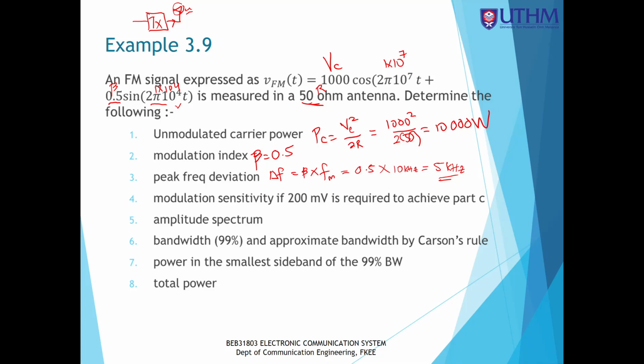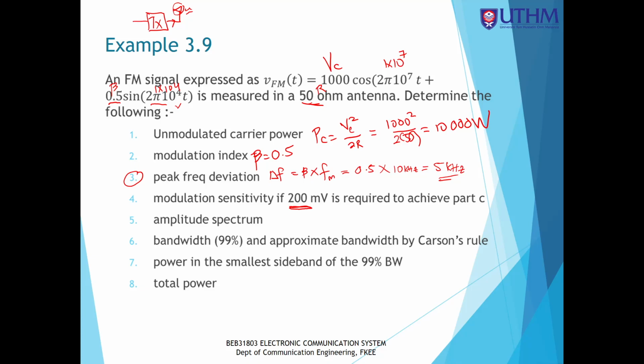Then the question asks for the modulation sensitivity parameter. Find the modulation sensitivity parameter if you are given 200 millivolt to achieve part C. Part C is actually this one. So you are given a voltage in order to achieve a delta F equal to 5 kilohertz.